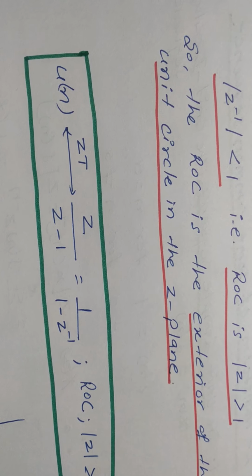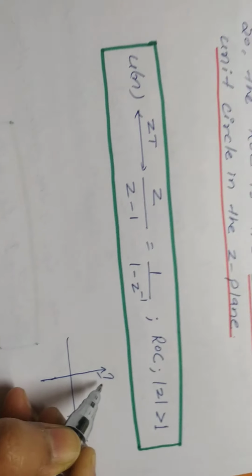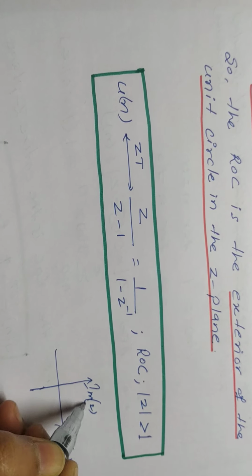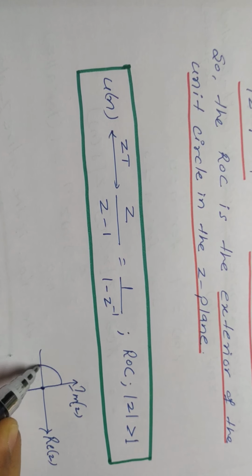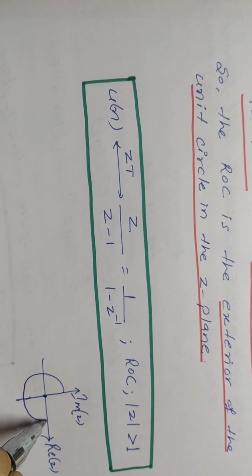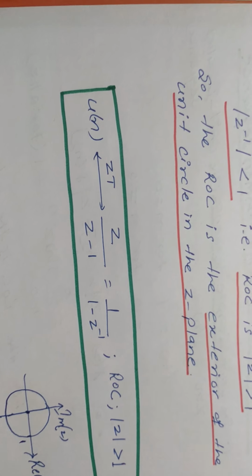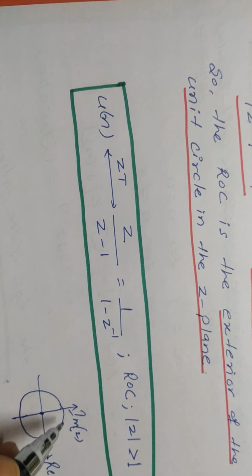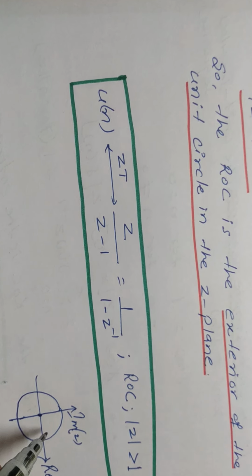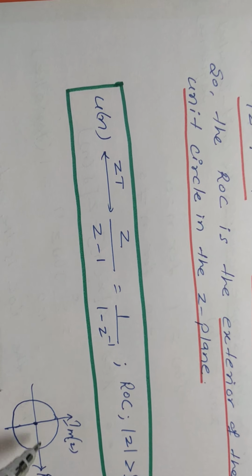This is the real z axis, this is the imaginary z axis, and this is the center. We'll plot a circle whose radius is 1. From here to here the radius is 1. This circle is known as a unit circle because its radius is 1.